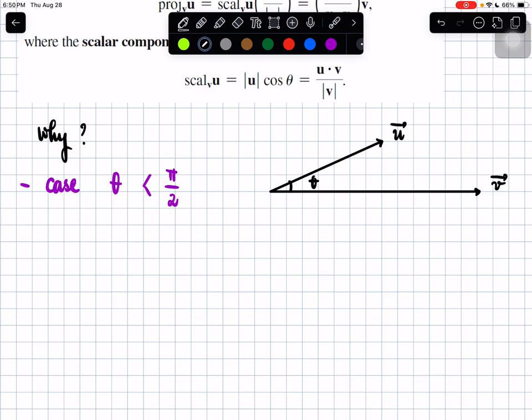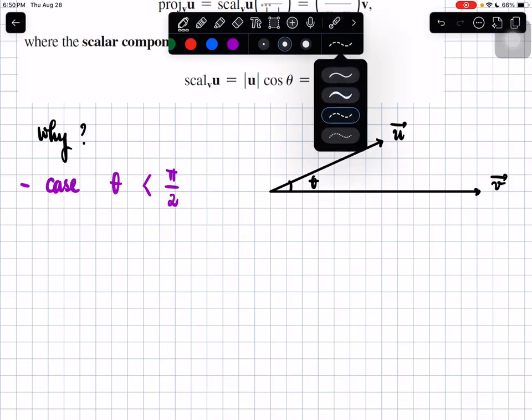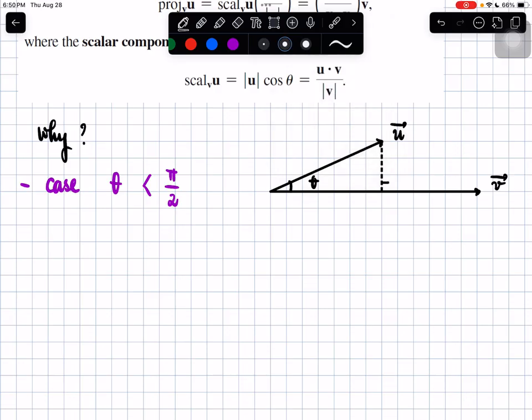Now the projection of vector u onto vector v, if we project orthogonally, so here I project it orthogonally, this angle is a right angle. The projection of u onto v gives us this vector, the purple one. That one, we call the projection of vector u onto vector v.